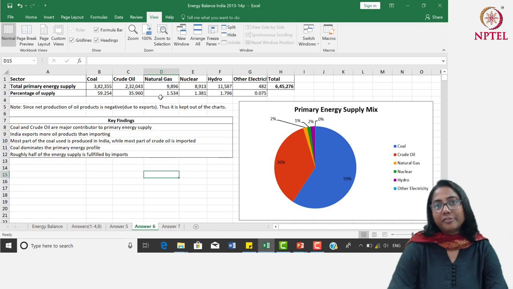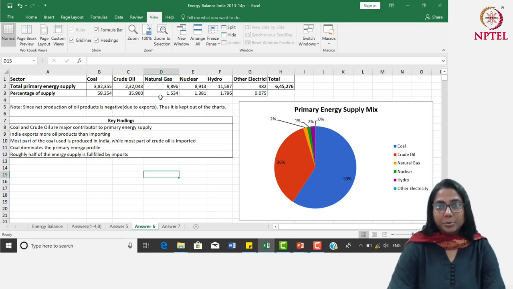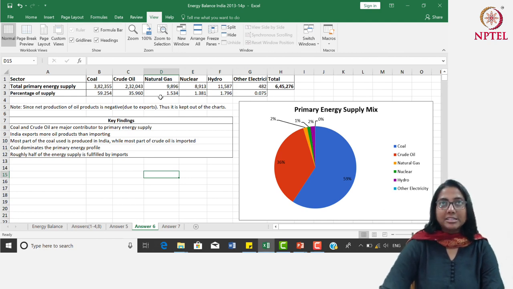So you only get figures for import and export, but you don't get any figure for domestic production. Any figure for domestic production of oil product will go to the conversion sector. So in a way, it is easier and logical to drop the oil product when you are talking about the mix of primary energy supply.